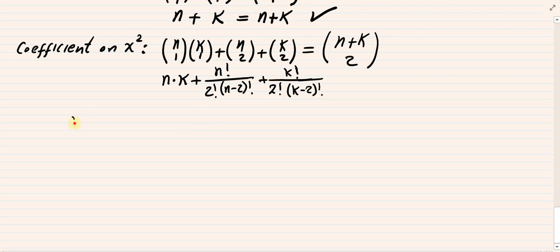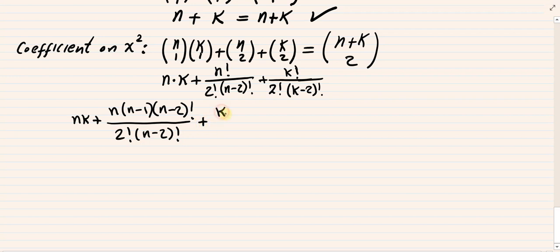Let me start from here: nk plus the middle fraction, I'm going to go n, n minus 1, n minus 2 factorial, divided by 2 factorial, n minus 2 factorial, plus the last fraction, k, k minus 1, k minus 2 factorial, and then divide by 2 factorial and k minus 2 factorial.